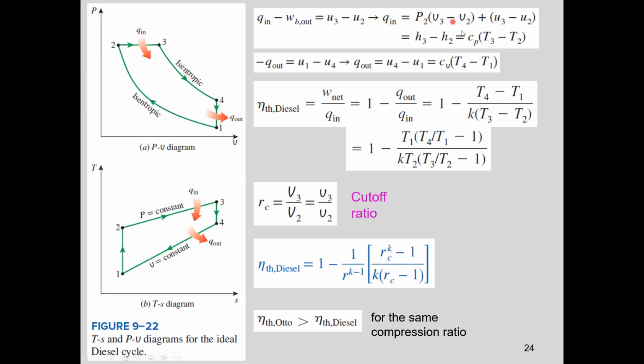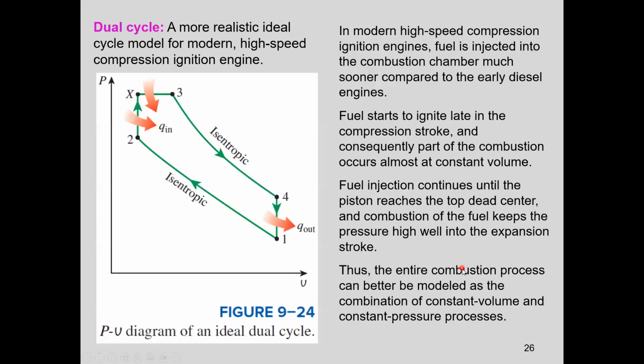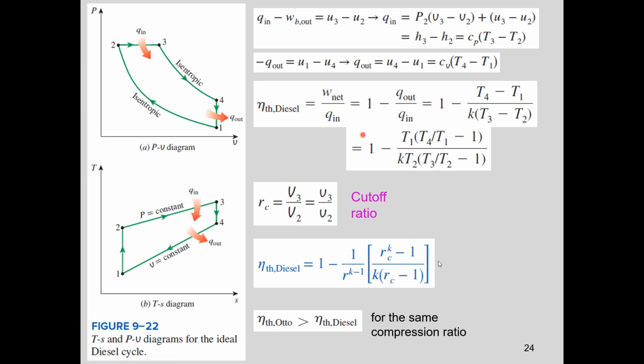Okay, any answer to my question? No answer yet. Okay, so if you analyze this equation mathematically, you can easily see that when RC increases, thermal efficiency decreases. And under what conditions RC is equal to 1?